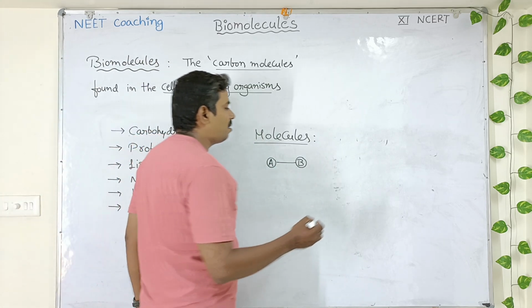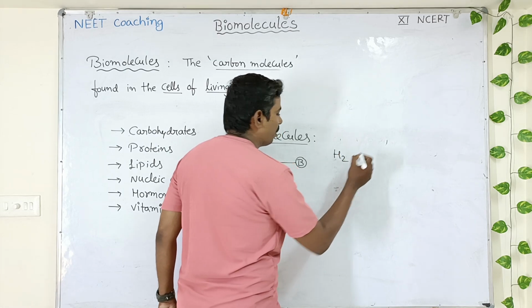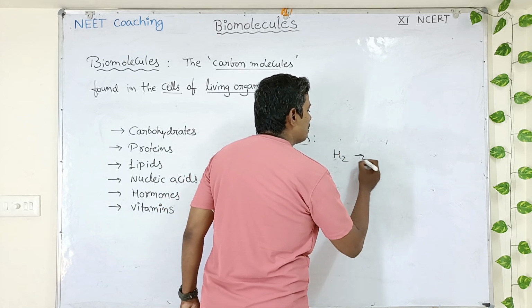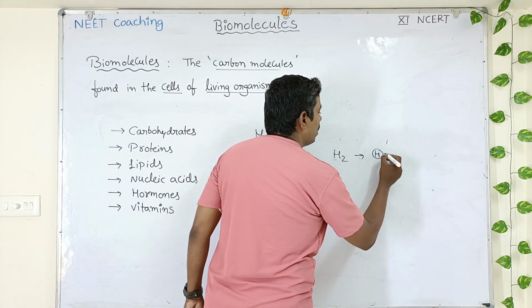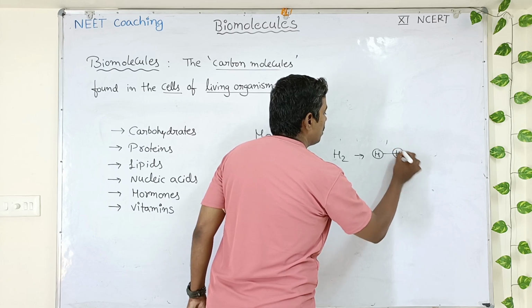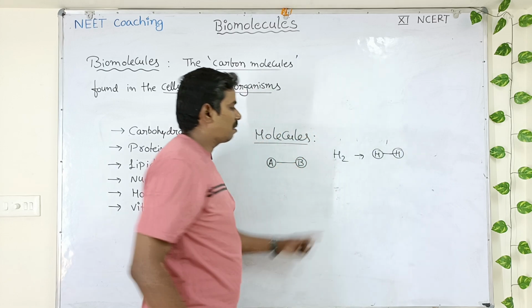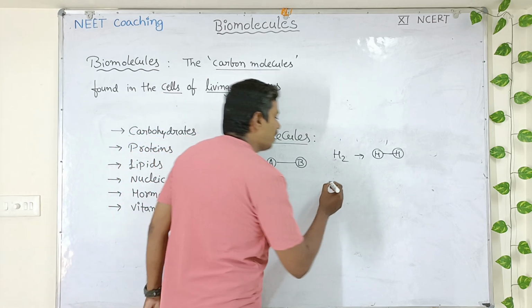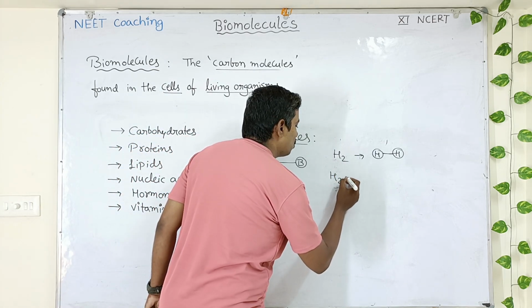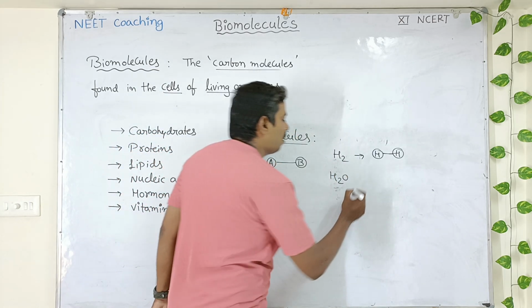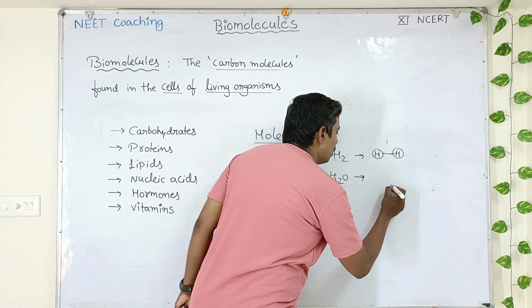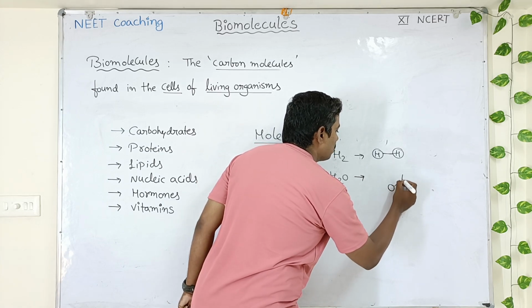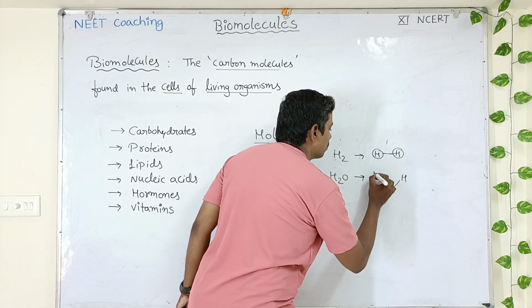Example, we can take hydrogen. Hydrogen molecule consists of one hydrogen atom attached to another hydrogen by a bond. It is called hydrogen molecule, H2. Another molecule we will take is water, H2O. In the water molecule, we have oxygen attached to two hydrogen atoms.